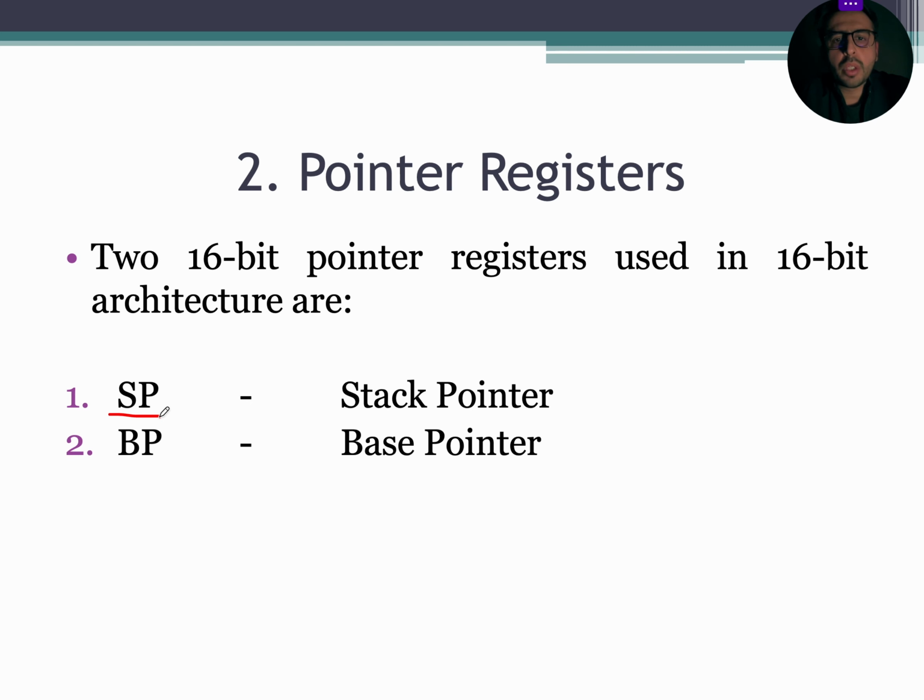It points to the top item of the stack and works with SS register. Number 2 is BP. The 16-bit BP register is the base pointer mainly used to access parameters passed to the functions. It also works with SS register just like stack pointer.